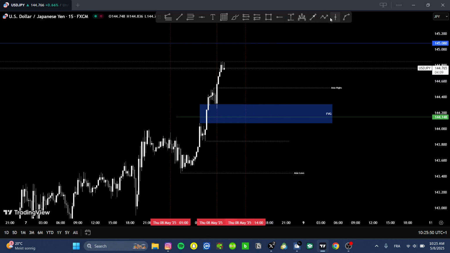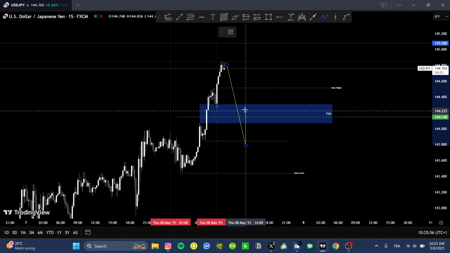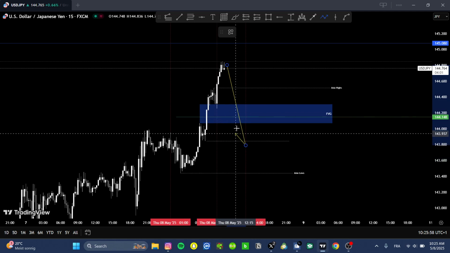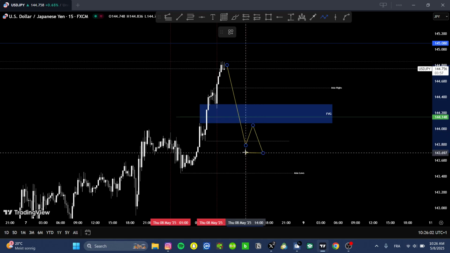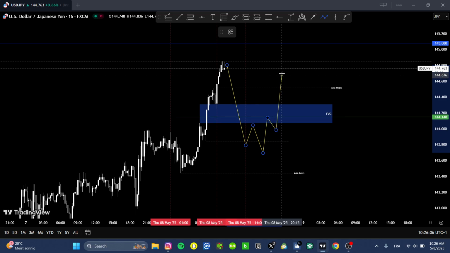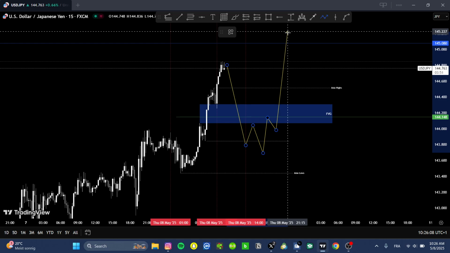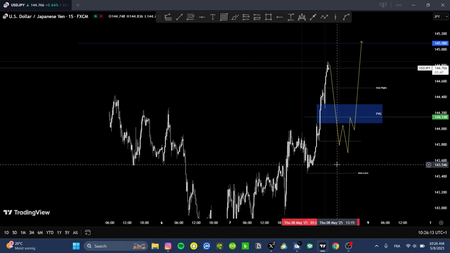So what I'm looking for on USD JPY is, I want to see price retrace back into the discounted zone, maybe build some price action right here, and then in New York session we come down and we sweep out that low, and then maybe some continuation confluences to then target those highs. And that is actually what I'm looking for.